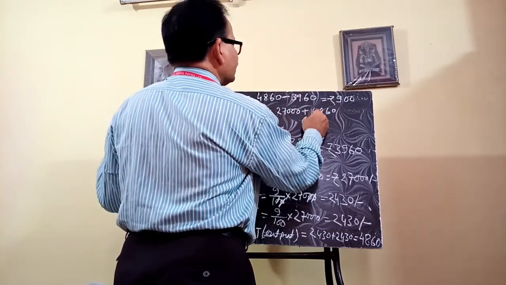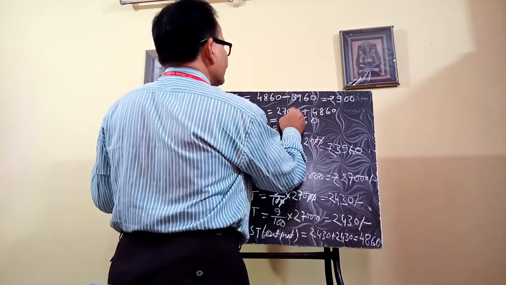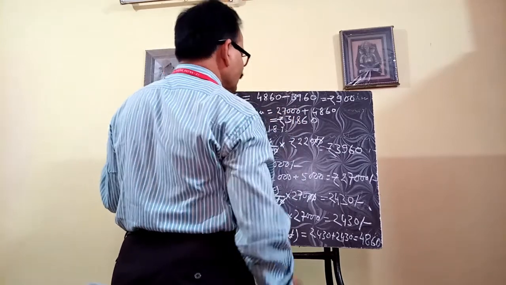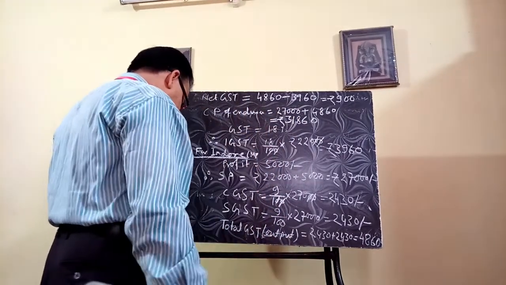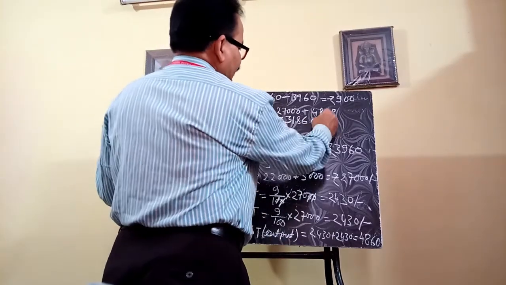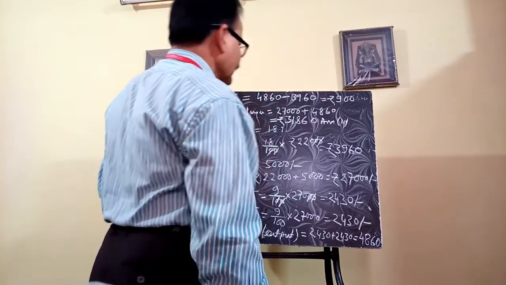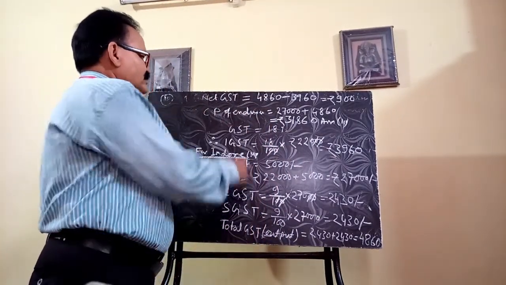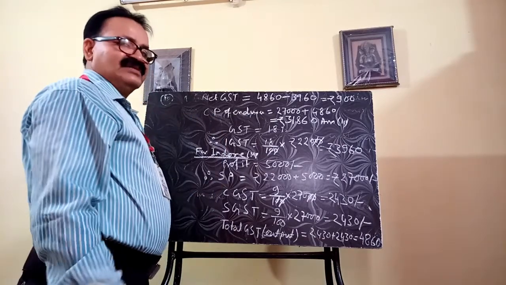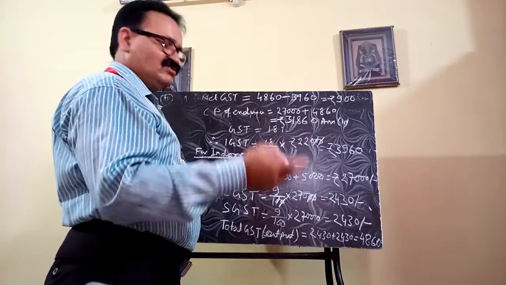So this is rupees 31,860. This is 31,860, the another answer. That is the last answer, answer 3. That is for the CP of the end user. That means CP of the dealer or retailer, whoever it may be.